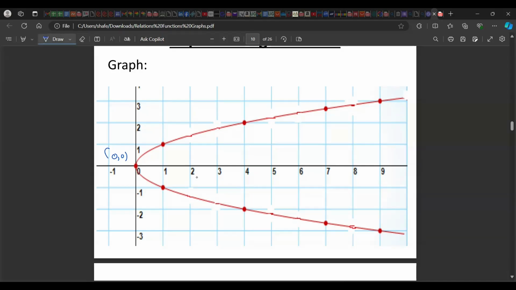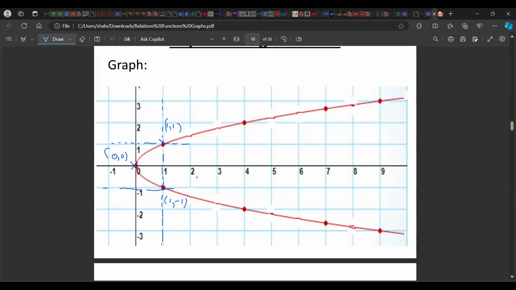Then anywhere here is 1 on the x-axis. But here is 1 on the output axis, and here is -1, right? So this point here is 1, 1. And down here is 1, -1, right?